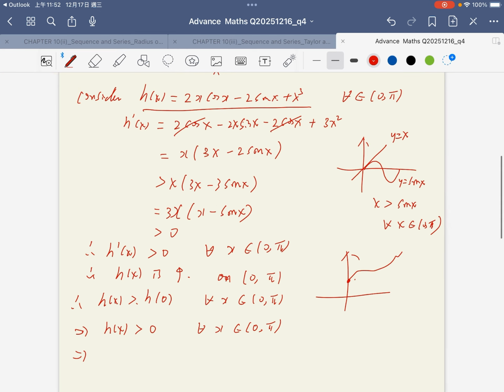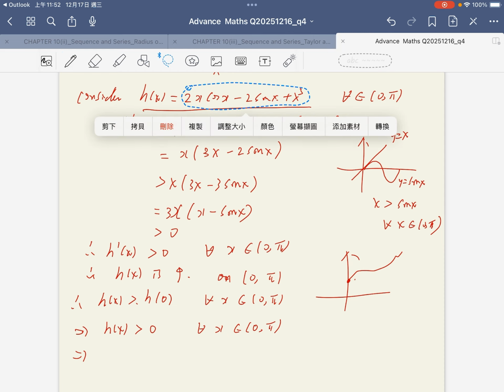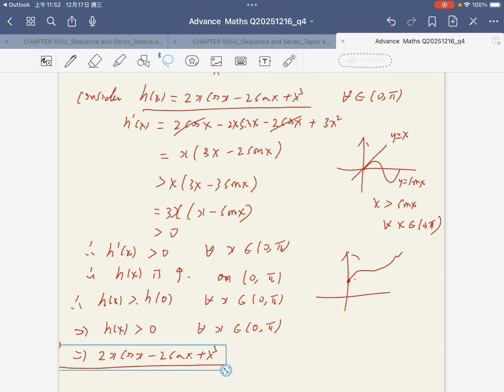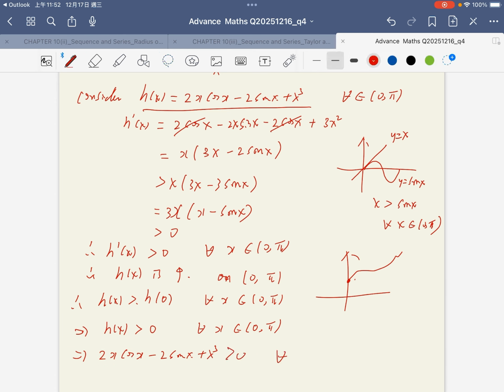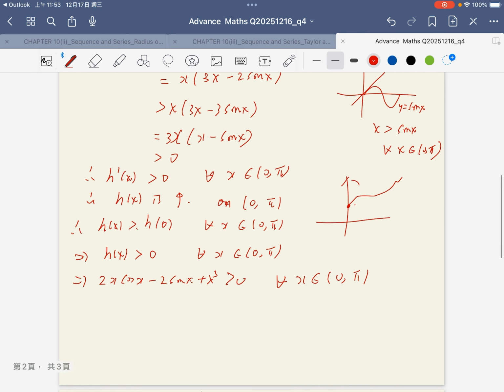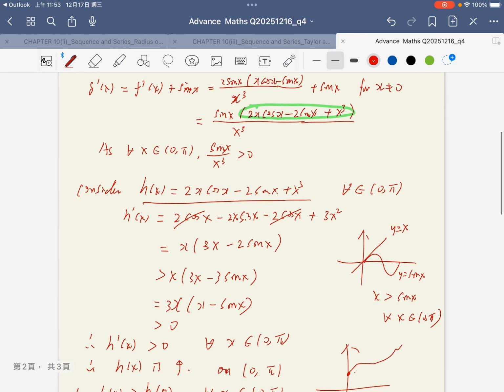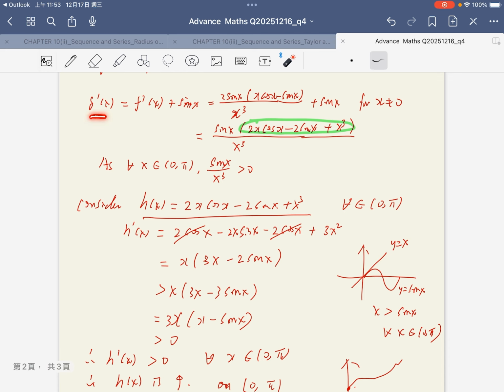That is, this function is always positive. Let's go back to the original function. That is g prime. That is positive.